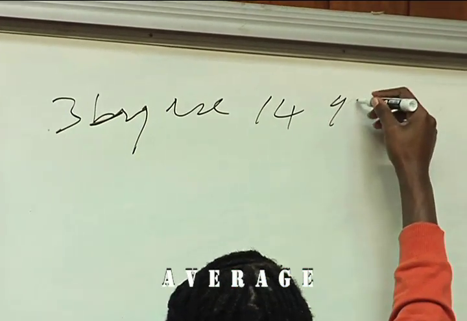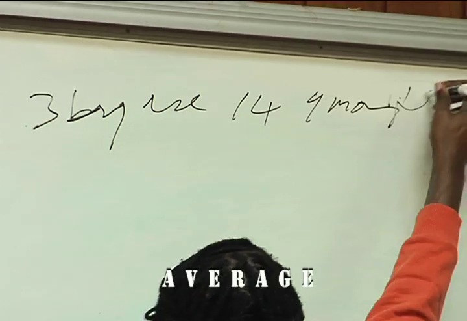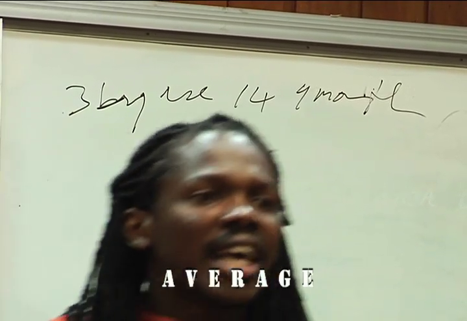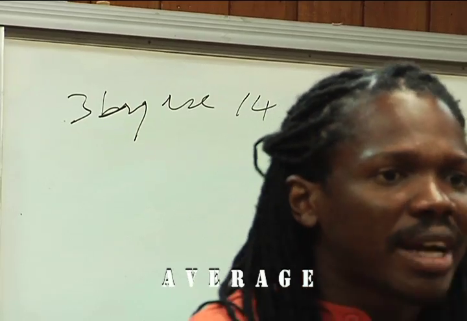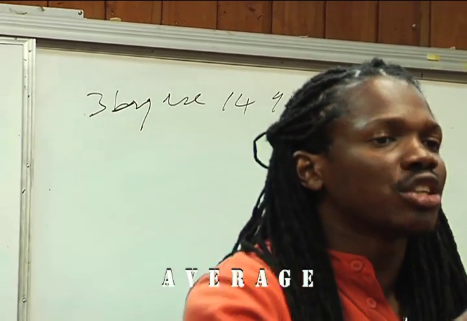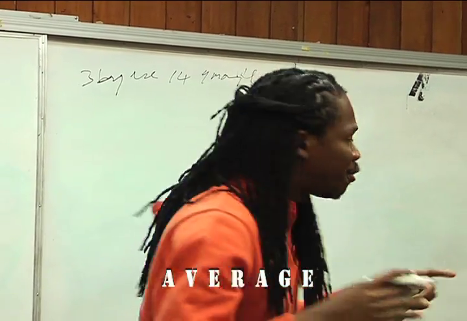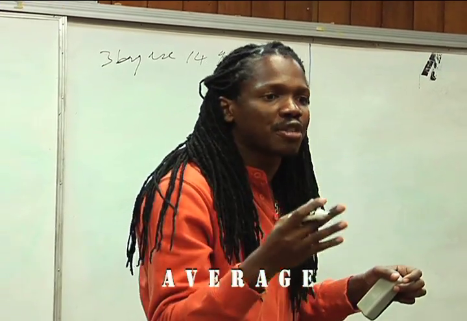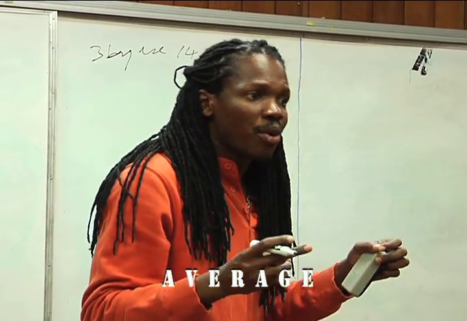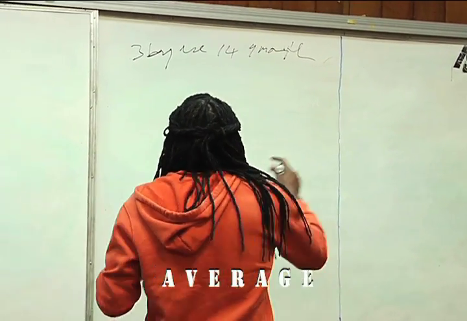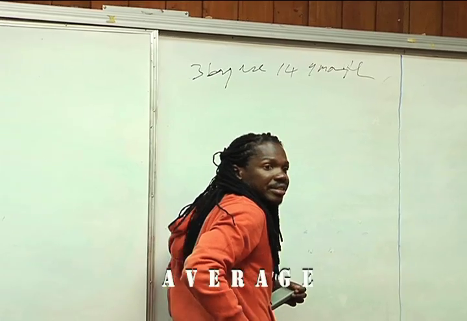14 years and 9 months. The first thing I want you to do when you have years and months, or hours and seconds, anytime you don't have the same unit, is transfer it to one thing. Now 14 years and 9 months is 2 different variables, month and year, so I want you to transfer it to months. How many months make a year?